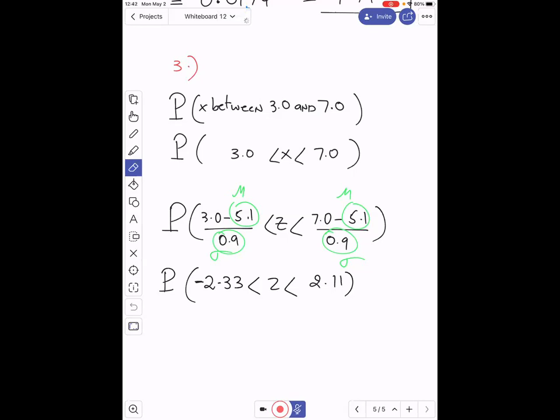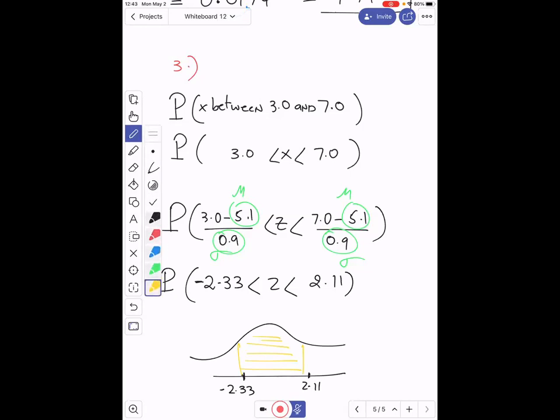Well, the idea is, we have two numbers. This is 2.11 and this is negative 2.33. And you want to find the area between the two numbers, right? You want to find this area right here. So the idea is that the area between two numbers would be the area to the left of the second number. So the area to the left of this 2.11, right? Take 2.11.